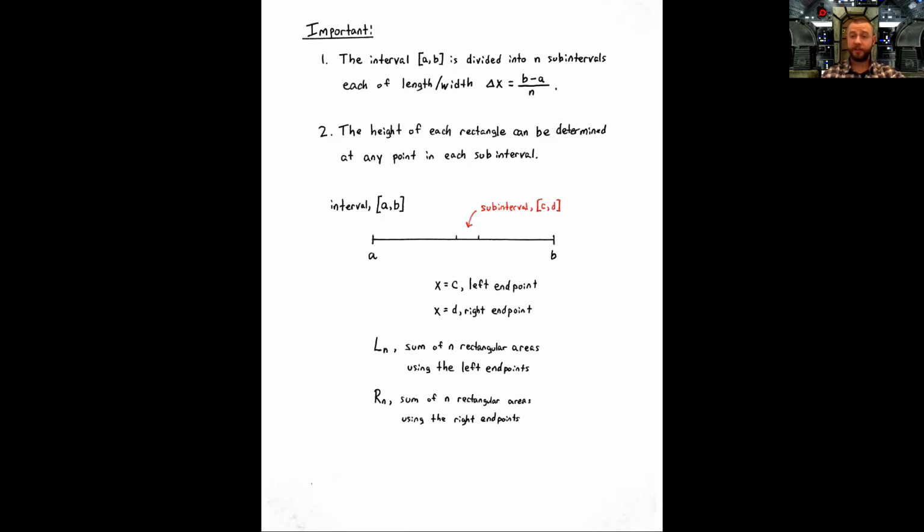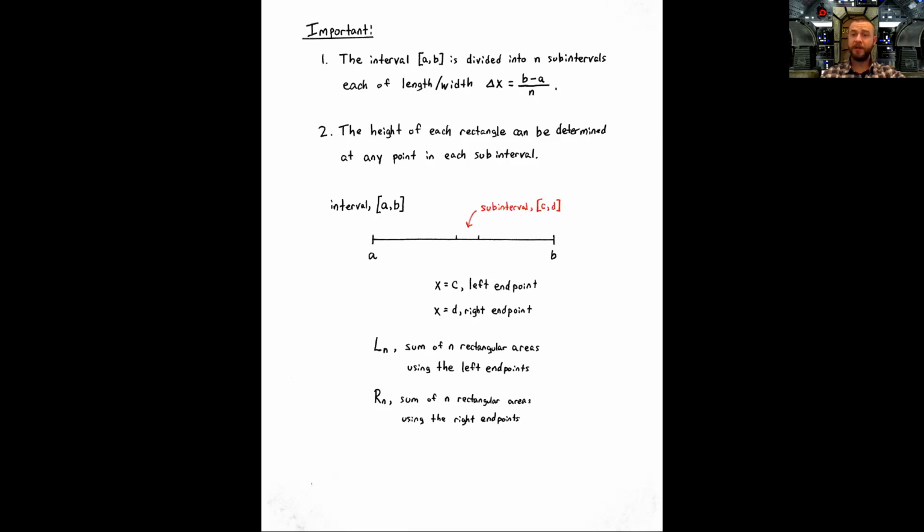Now you could alternatively, instead of using the left endpoints of each subinterval, use the right endpoints. And it's a similar calculation. You would determine the heights of each rectangle at all right endpoints for the subintervals, and then sum or add up all of those rectangular areas.